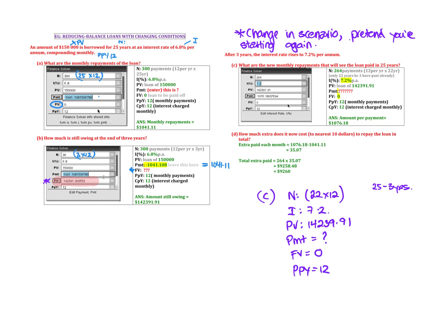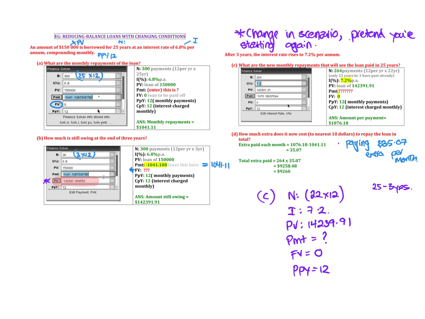So how much extra does it cost, to the nearest $10, to repay the loan? So you could look at it. What they did is they saw how much extra you paid on your payment. So you were paying 35.07 extra per month.